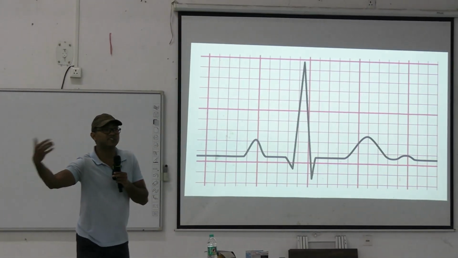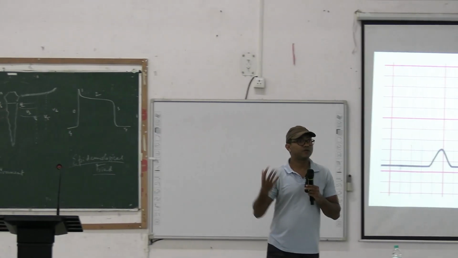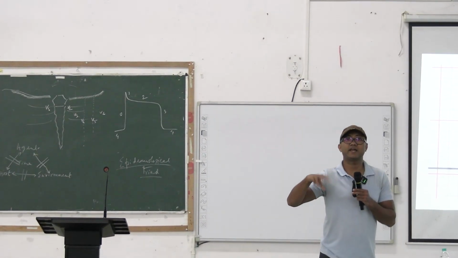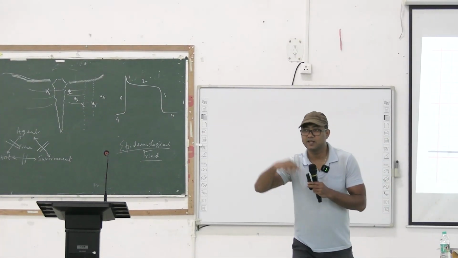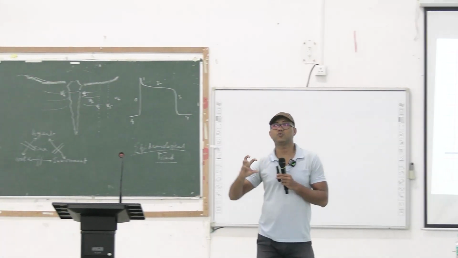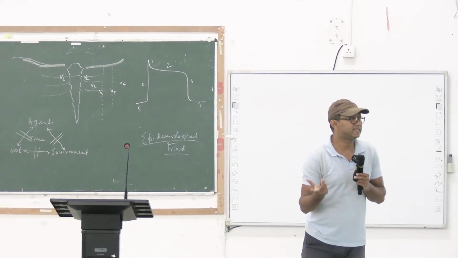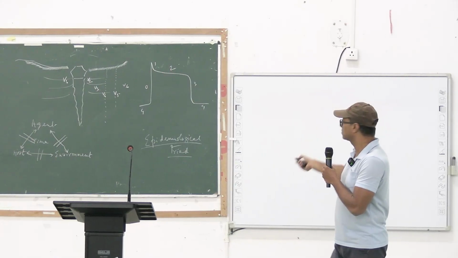Phase 2 is a plateau phase where there is no net voltage change. Okay, this phase 2 was happening because of calcium entry and potassium efflux, and they were balancing each other. Okay, positive ion entry into the cell, positive ion exit out of the cell, right? So these two things were balancing each other, and during this time there is no net electricity flow, and this phase, more or less phase 2, coincides with ST segment.